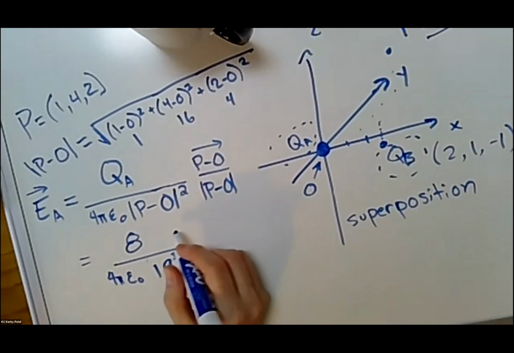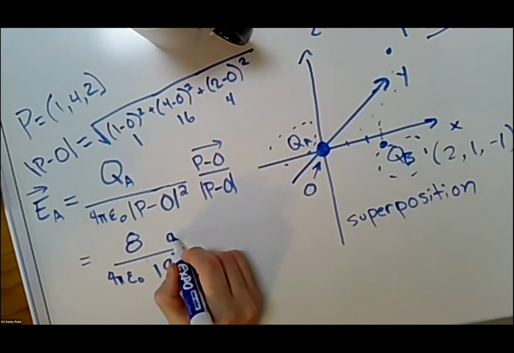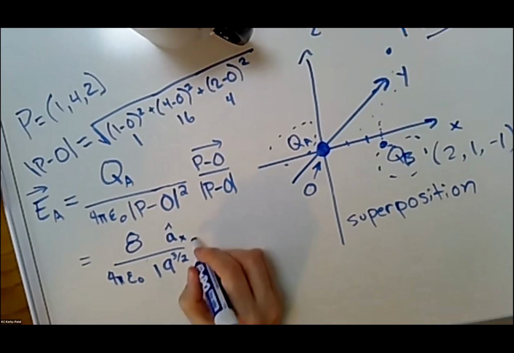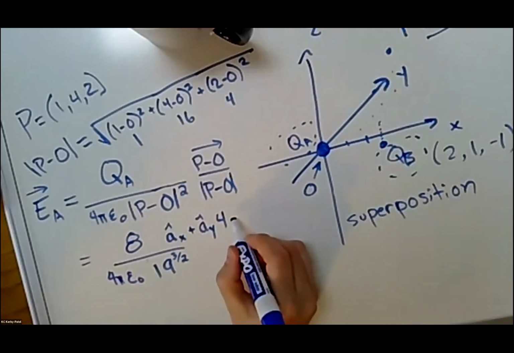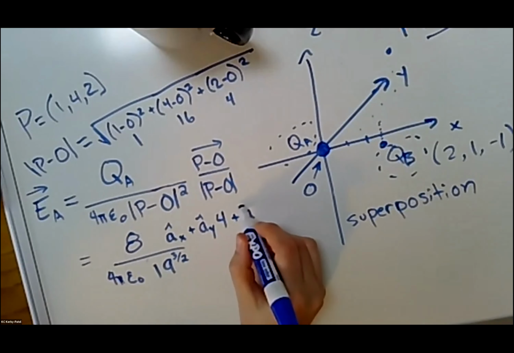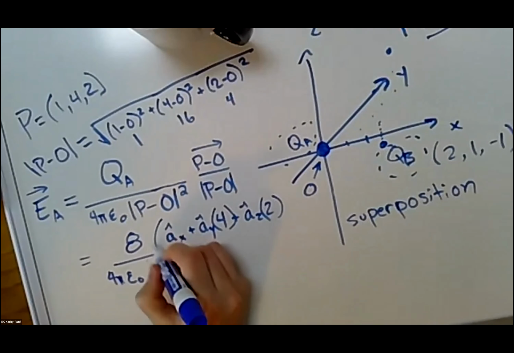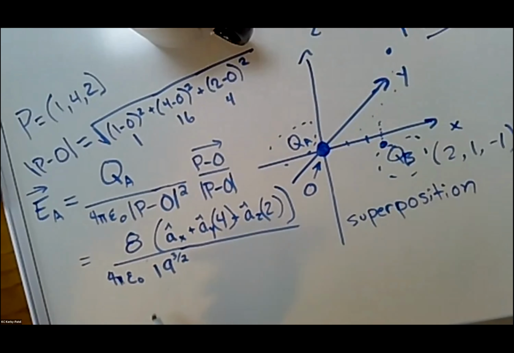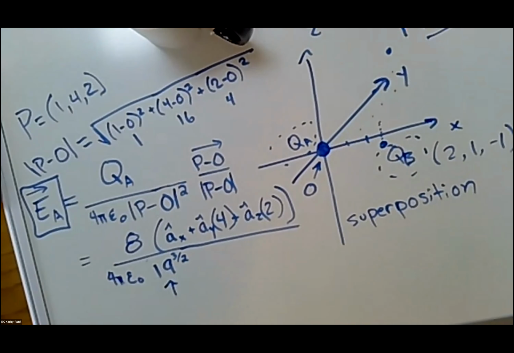And then on the top, our unit vector becomes a hat x times 1 plus a hat y times 4 plus a hat z times 2. And all of that stuff gets multiplied by the 8. The 19 down here is to the 3/2 instead of just being the number 19 because we have it here on the top and the bottom.